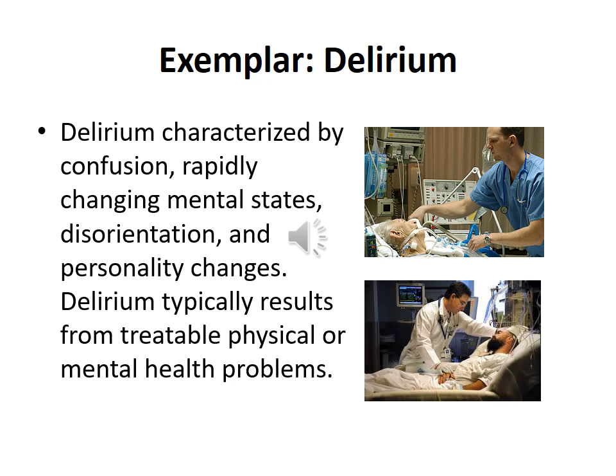Delirium is our exemplar, and it is basically characterized by confusion, rapidly changing mental status, disorientation, personality changes. It's usually a result of something that's treatable, a form of treatable physical or mental health problems.